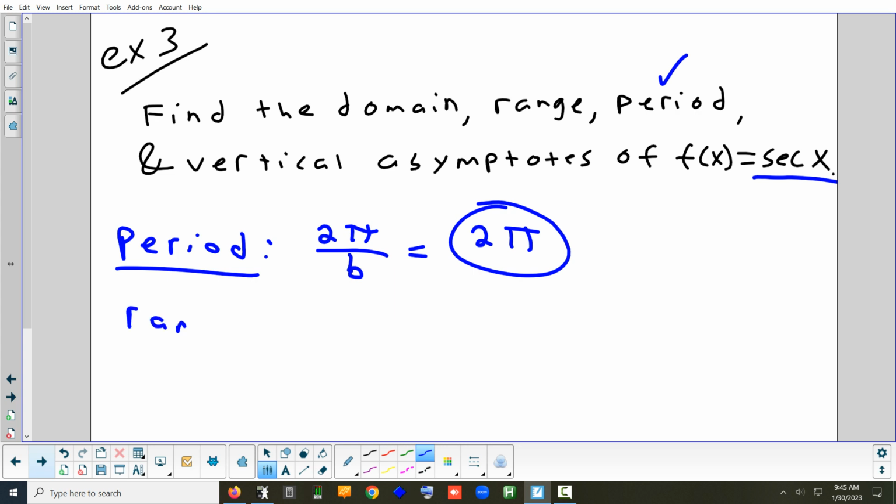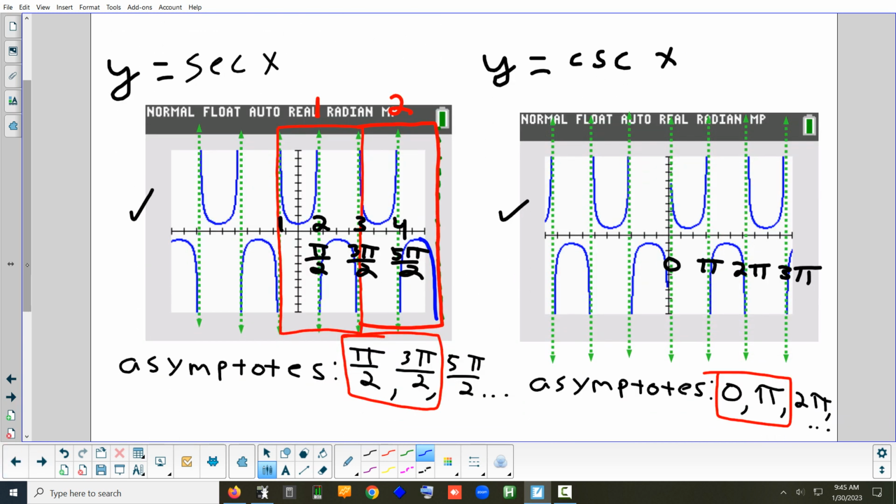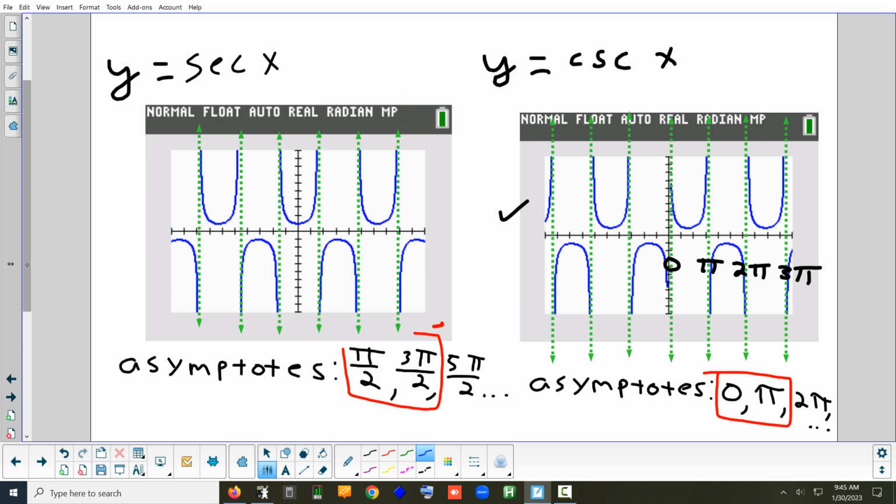Let's do range next. I'm going to go back and look at the picture of secant and see if we can figure out the range. Now I'm going to erase all this just so it looks a little cleaner. Okay, look at secant. Does it go up forever?